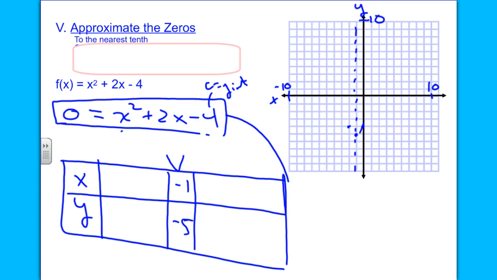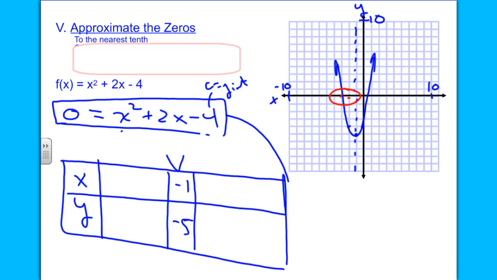I'm just trying to get an estimate, right? So where does it look like, based on what I'm drawing here? It looks like this left x-intercept is crossing between -2 and -3, doesn't it?